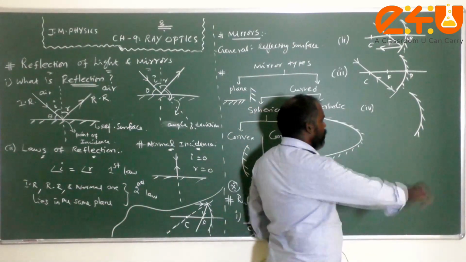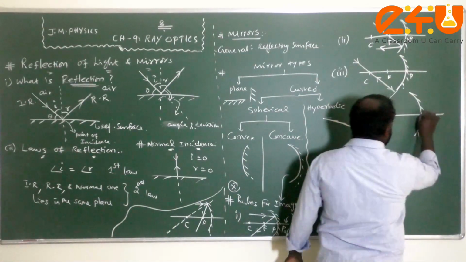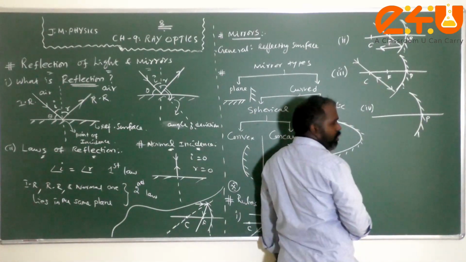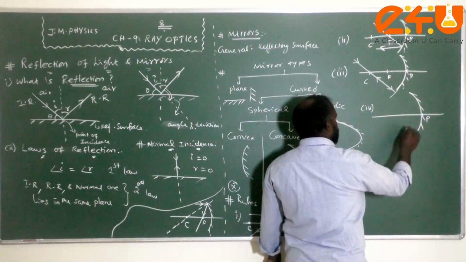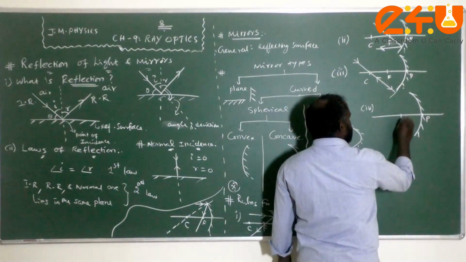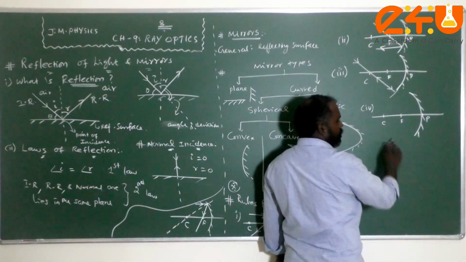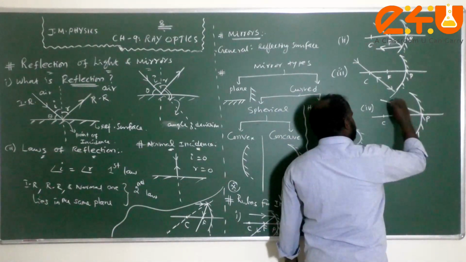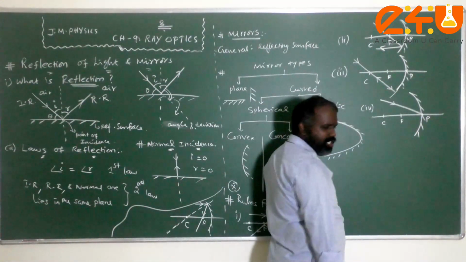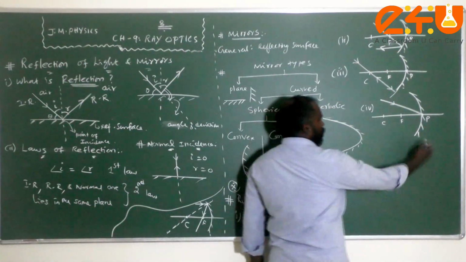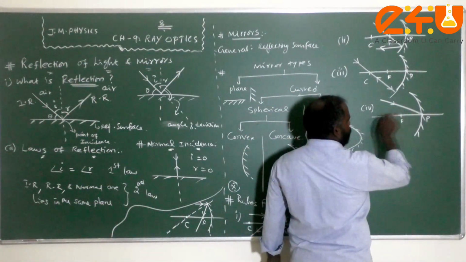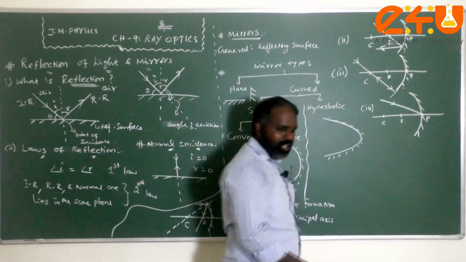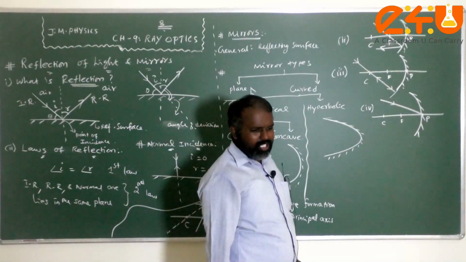only for mirrors. You just see that this is the pole and the principal axis. Let us consider that this is F and this will be C, the center of curvature. Now please see, children, this is the incident ray. For this point of incidence, the principal axis itself is the normal. Principal axis itself is what, children?